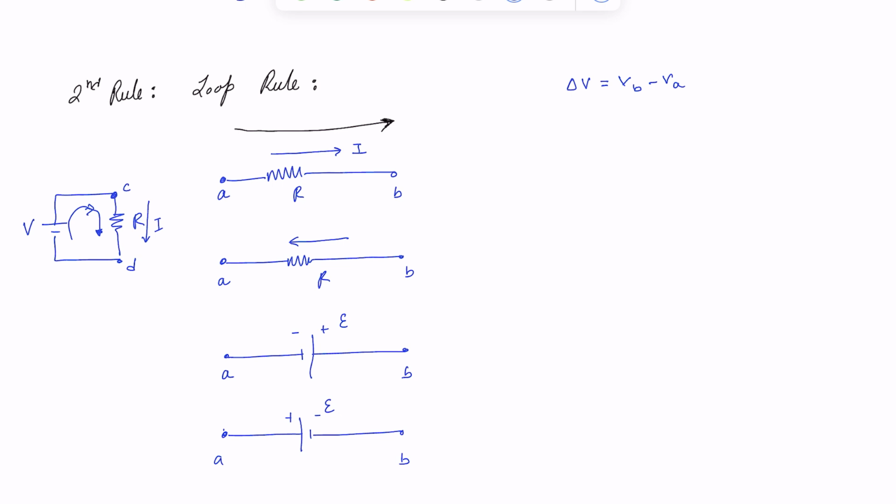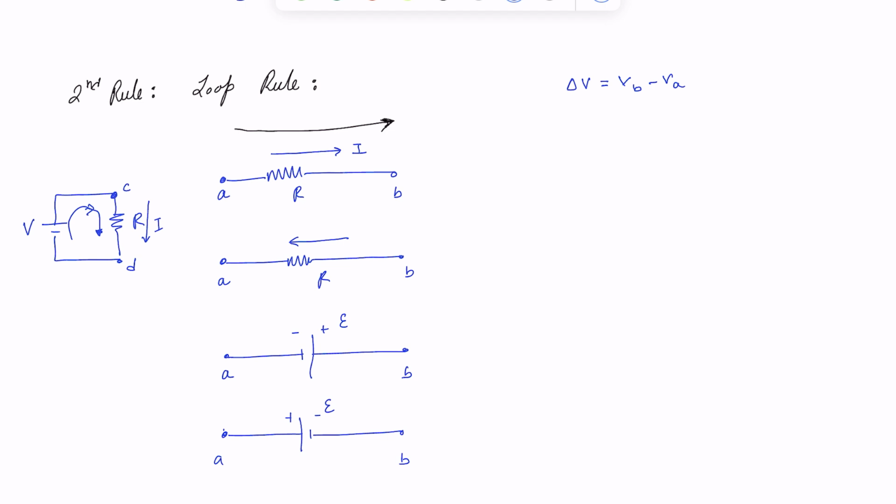Now remember, this is how we think about it. Current is basically the rate of flow of charge, so current always follows the direction of the charge. Charge flows from higher potential to lower potential.